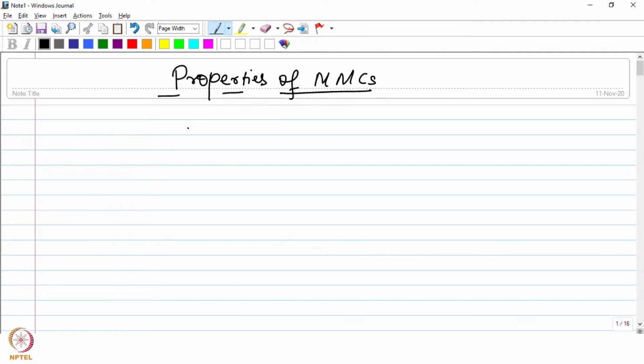And with regard to the property of any composite, we have seen that it can be obtained from the rule of mixture, by the weighted average of the properties of the individual constituents.